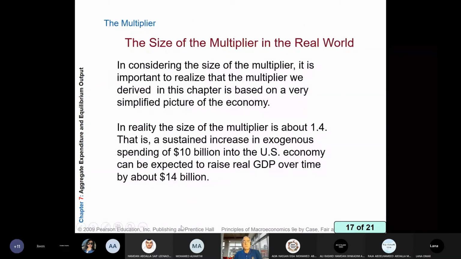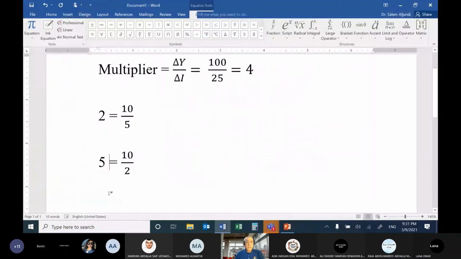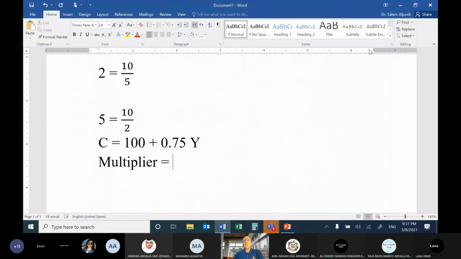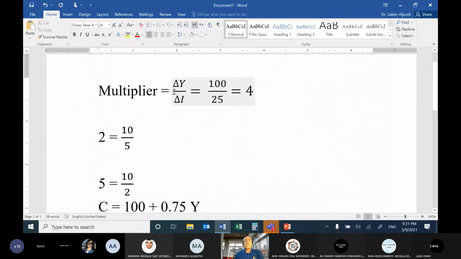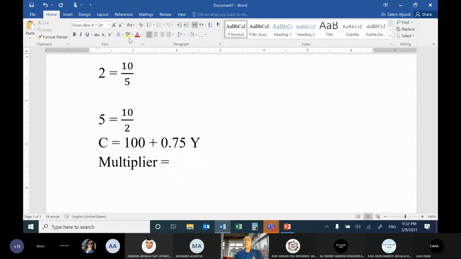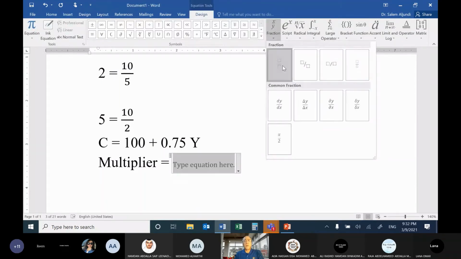Okay, so assume we have this equation: C equals 100 plus 0.75 Y. What is the multiplier?